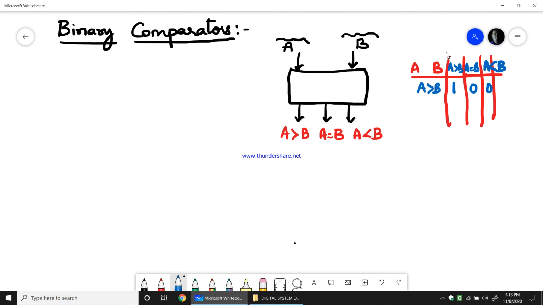Whichever output is given by the binary comparison, that output will be logical high and the other two will be low.